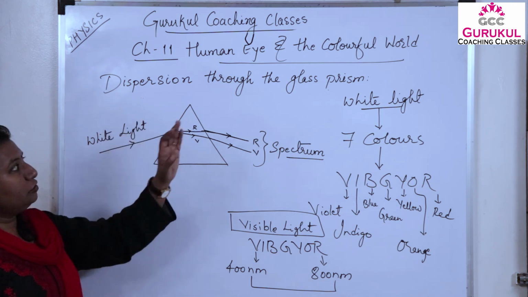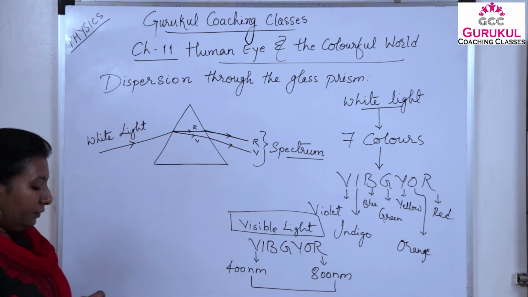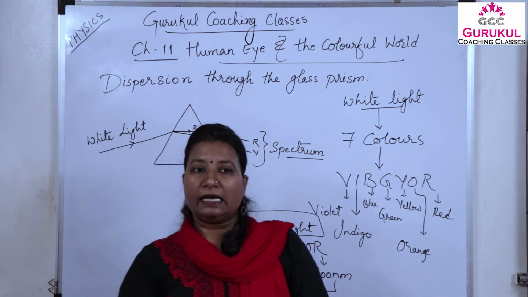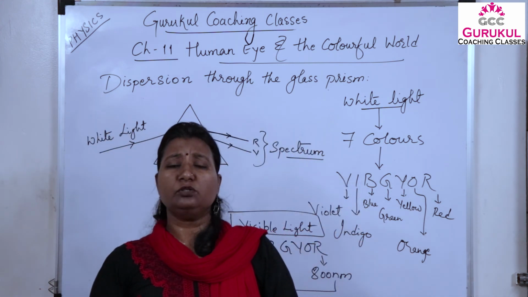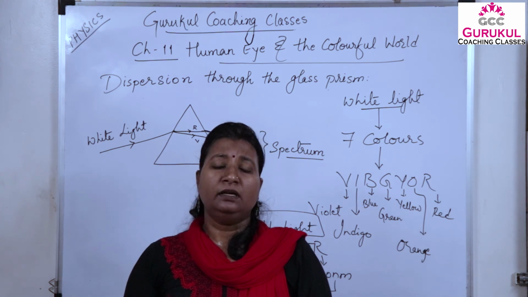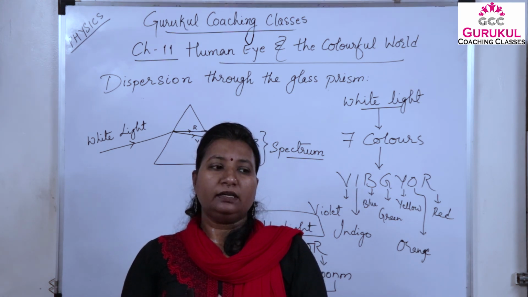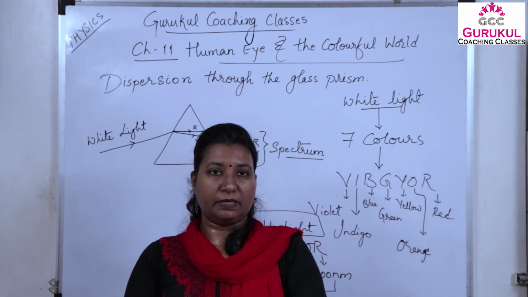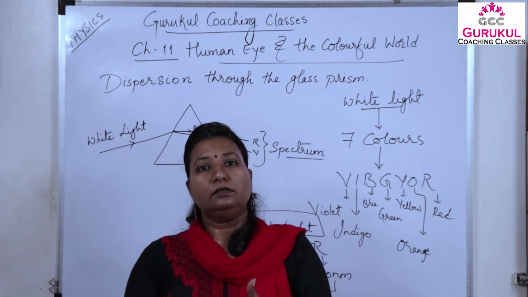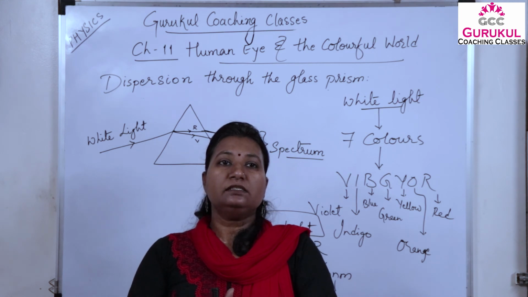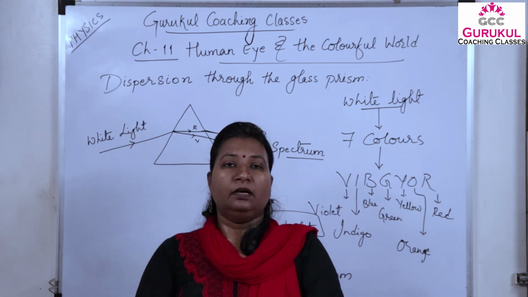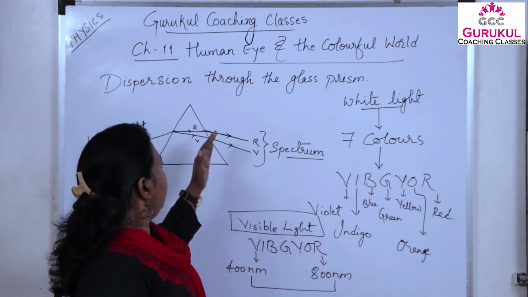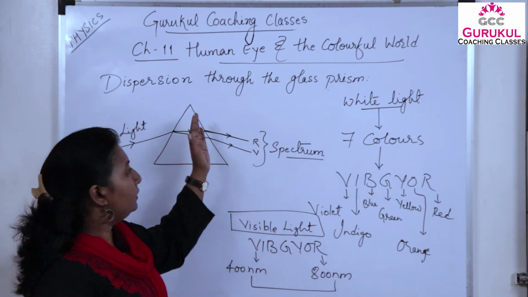So this is dispersion through the glass prism, right? Isaac Newton did many experiments using the prism, and he came to the conclusion that when white light passes through the glass prism, it splits into the 7 colors, meaning it shows dispersion. He kept many prisms along with this prism.